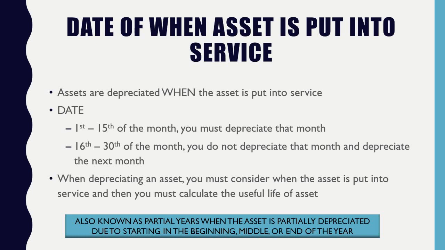The general rule of thumb is that if it is within the 1st and the 15th of the month, you should depreciate that month. If it falls any day between the 16th and either the 30th or 31st, you depreciate it the following month.